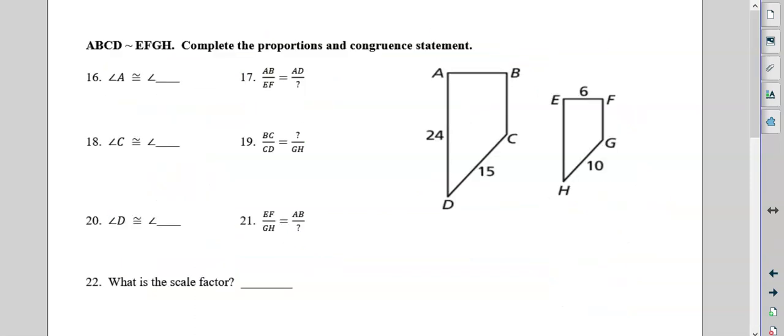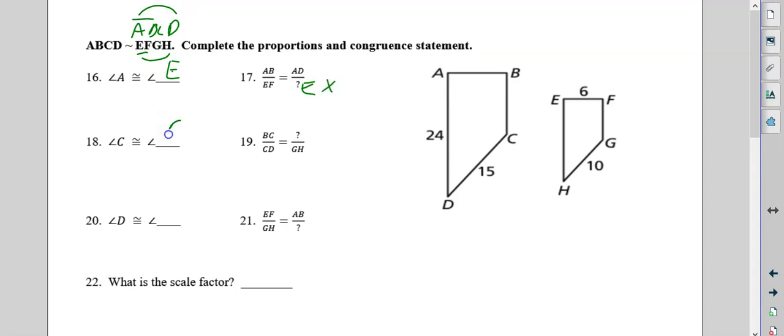On the last page. All right, old trick, A, B, C, D. That was supposed to be lined up. So A corresponds to E. AB to EF. AD to EH.